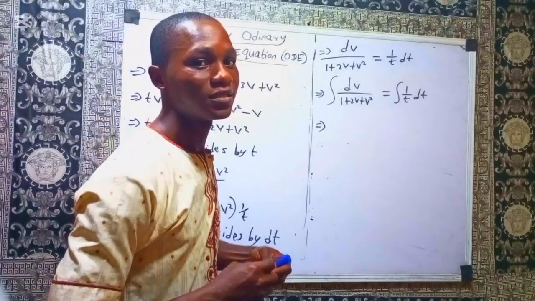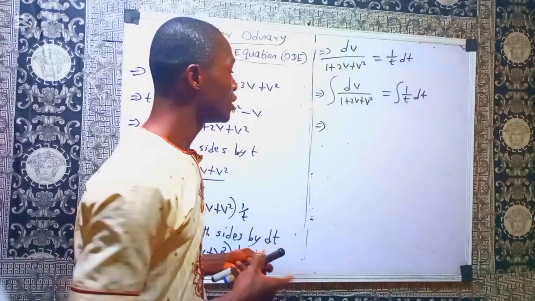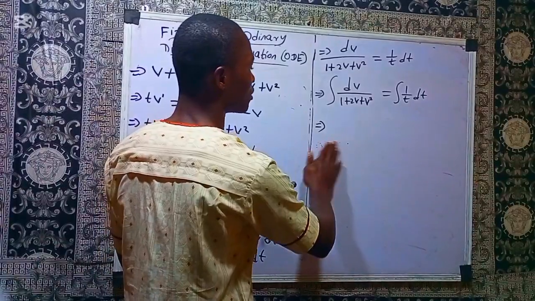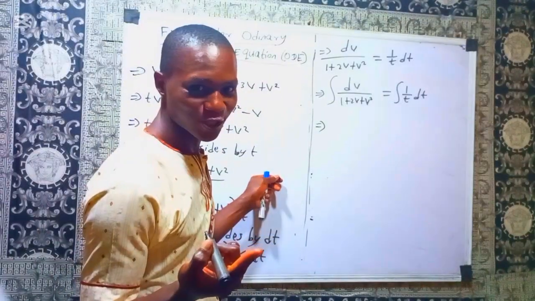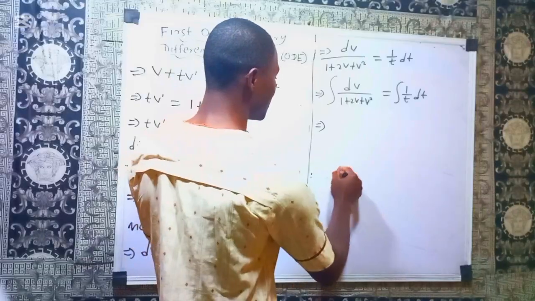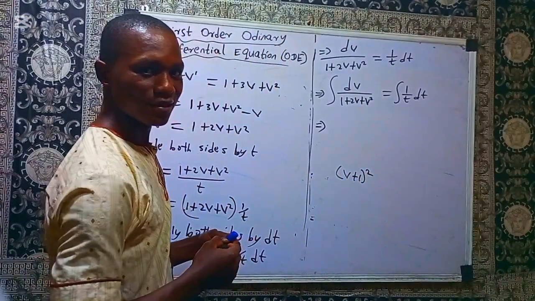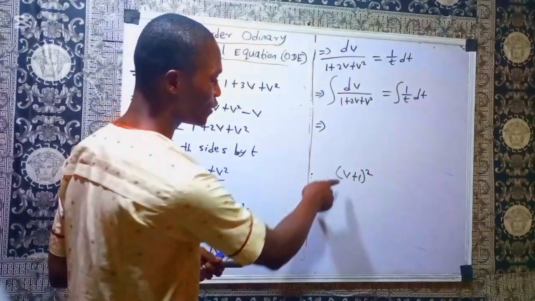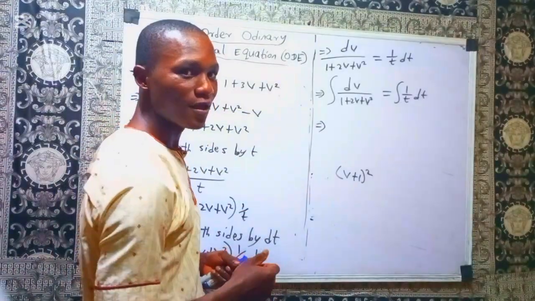If it's something where you use another method to integrate, you do that. But what is the factorization of this? Looking at this, it looks like an expansion we know. This is just v plus 1 all squared, isn't it? If you expand v plus 1 all squared, you get exactly this, right?